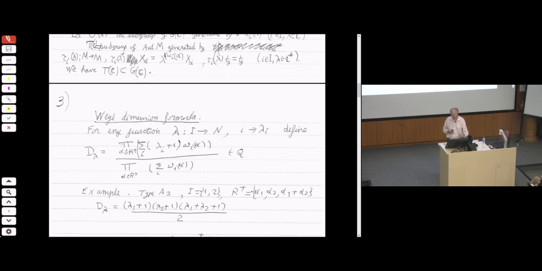Sorry, this should be plus 2. So if both are even, then the third factor will take care of the 2. So in this case, you can show that it's an integer.